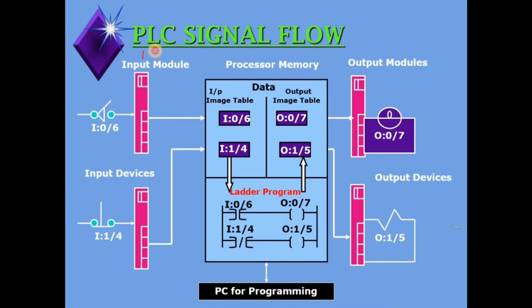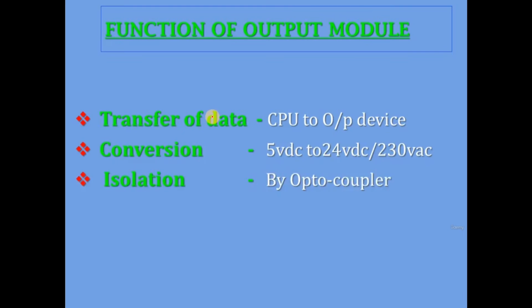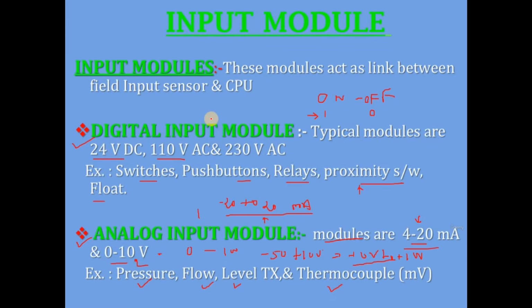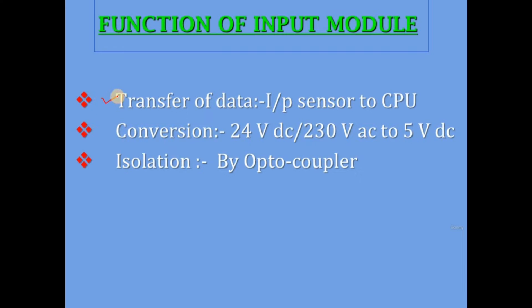This is our input module, which links to the CPU like this. Here you can see the switch and the CPU connection. The most important part you should know about the input module is the transfer of data, which takes place between the input sensor and the CPU.